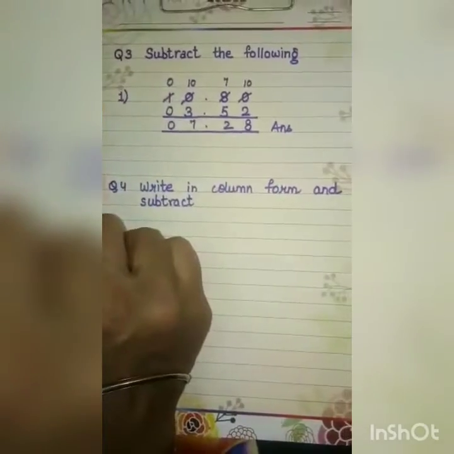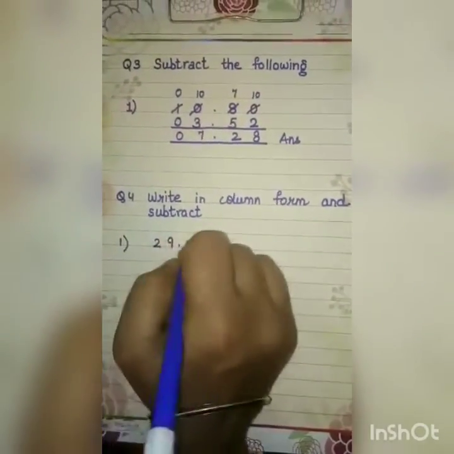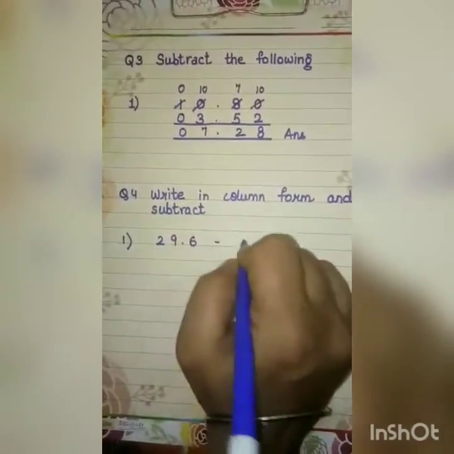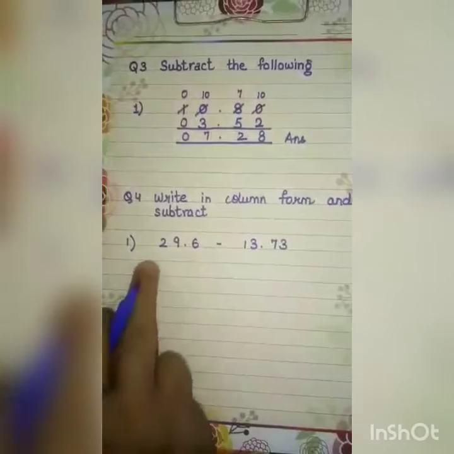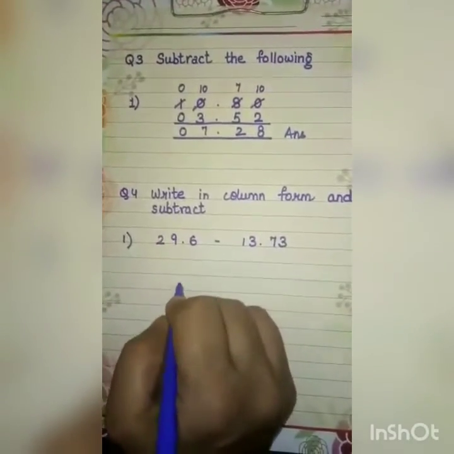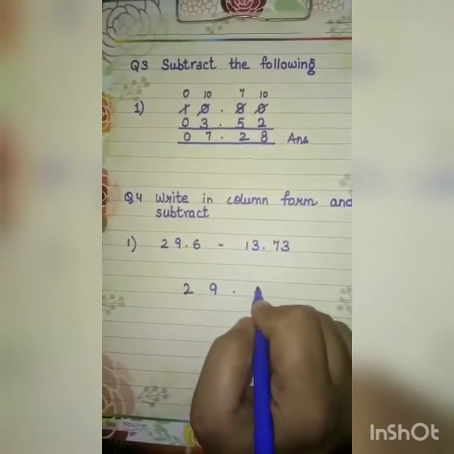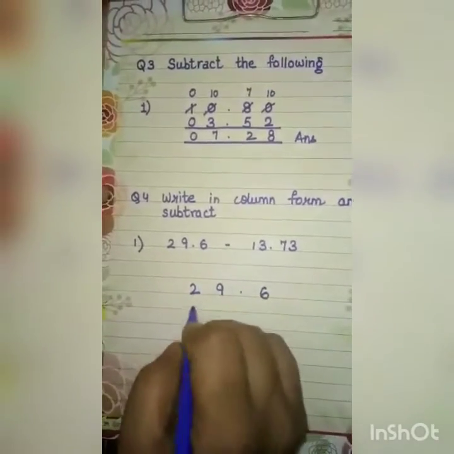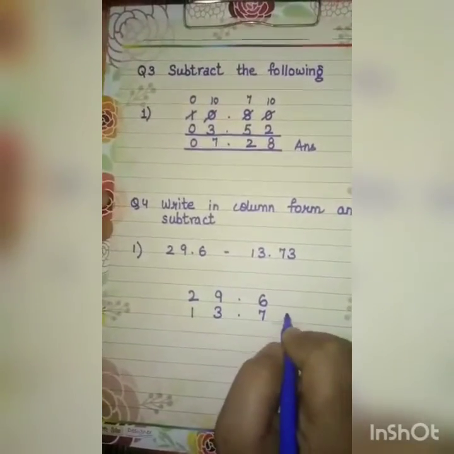So be careful. So here I am writing the numbers 29.6 minus 13.73, and now you have to write down the first number. Now students, you must be seeing that when I am writing down the digits, I am writing them at a distance from one another.